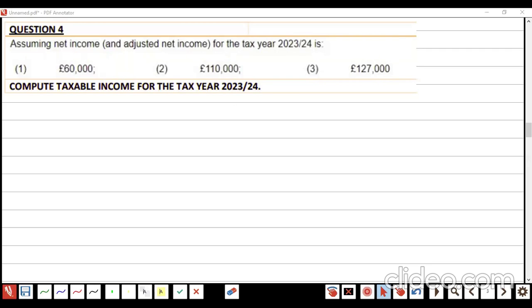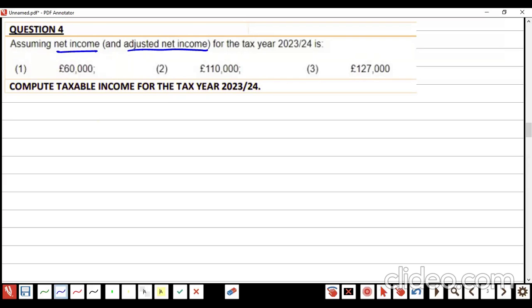This is an ATX question, not a TX question. So let's do that together. Here they gave us three amounts: net income and adjusted net income. They already gave us ANI and they are asking to calculate taxable income.